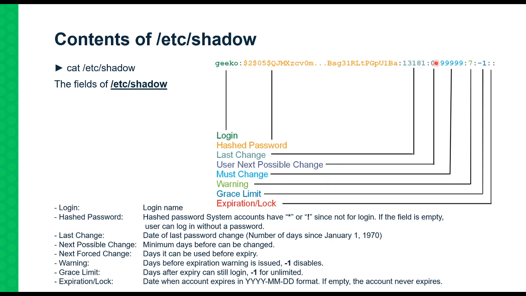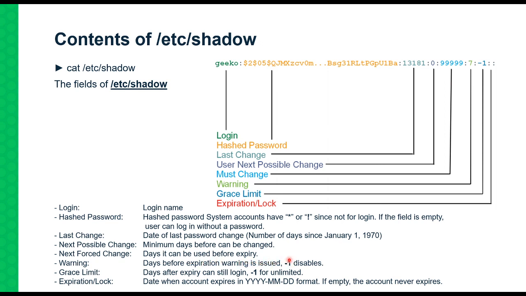So 0 means infinity. There's no forced next possible change unless you note the days it can be used before expiry. Now you can note here how many days you can use the password before it expires. Currently quite high. Then the warning days before expiration, when a warning is issued.